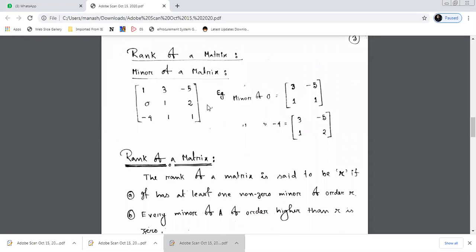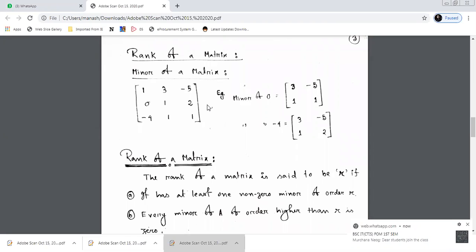Rank of a matrix is the same as the order of the matrix if the matrix is a non-singular matrix.